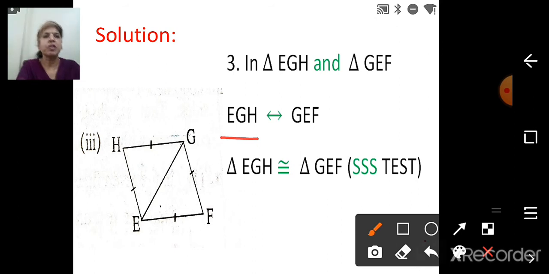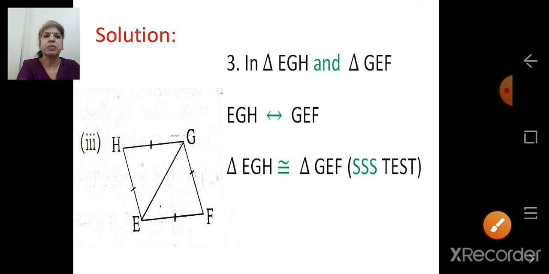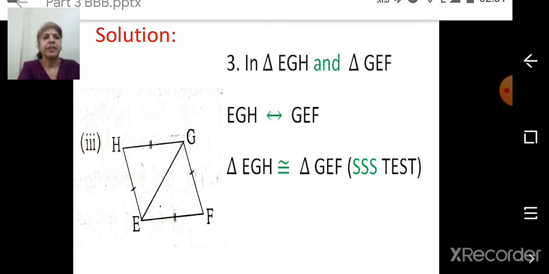EGH corresponds to GEF. And again triangle EGH is congruent to GEF by which test, children? That is, all the three sides are given. So SSS test. So this thing you have to remember which point corresponds to which point. Now H is point corresponding with F. This thing you have to keep in mind. H is with F and E is with G. So accordingly you will name it. Now next question.